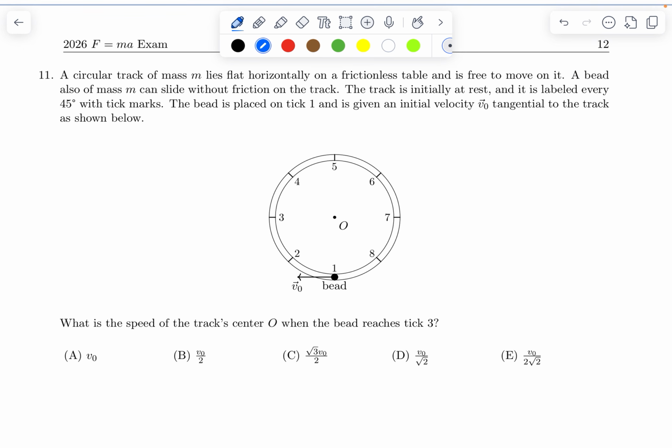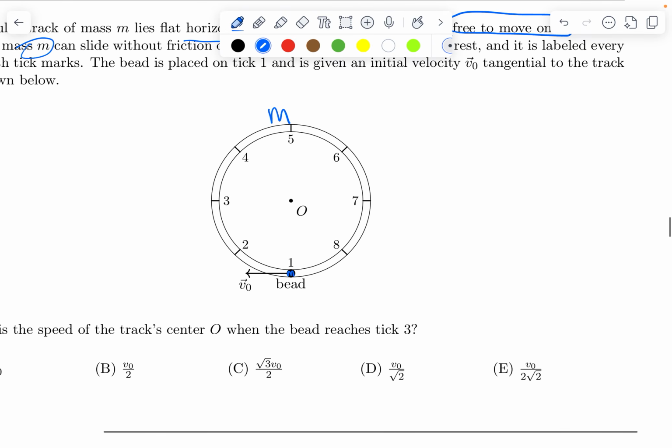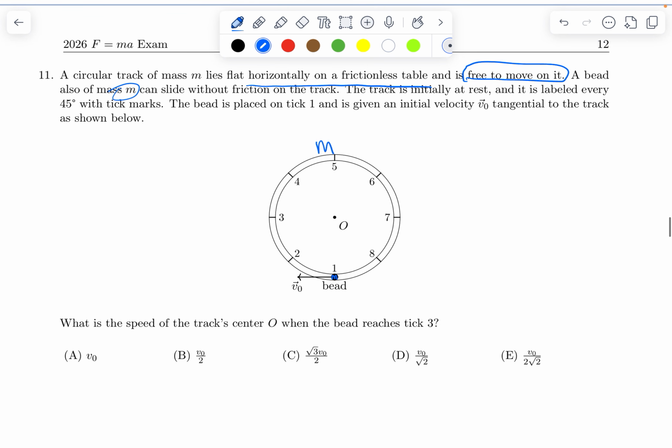So this problem is about momentum and energy. So let's start by reading it. A circular track of mass m, so I'm going to draw this, mass m, lies flat horizontally on a frictionless table and is free to move on it. A bead, also of mass m, can slide without friction on the track.